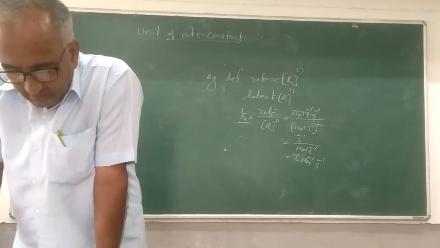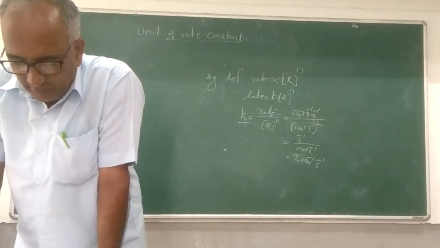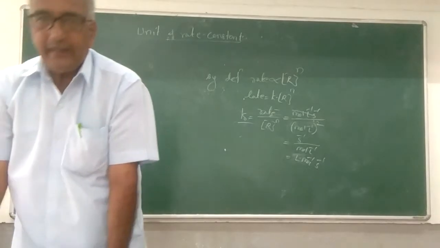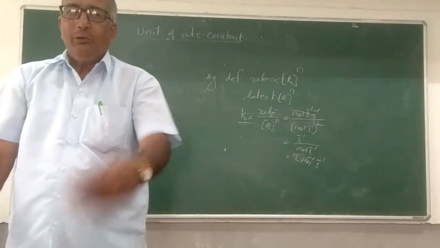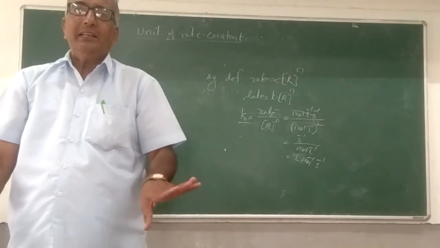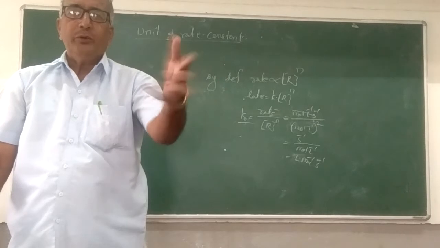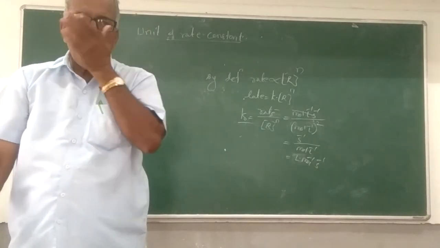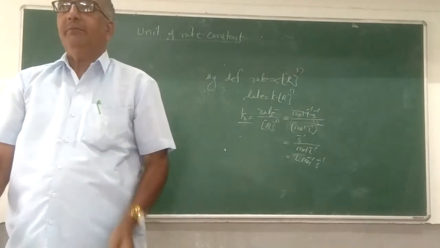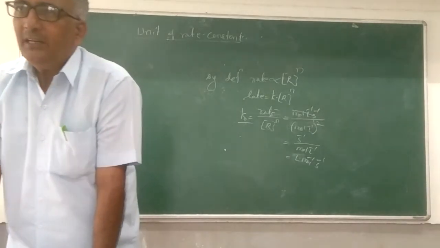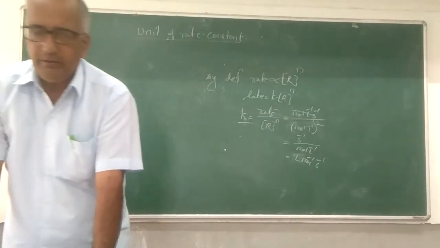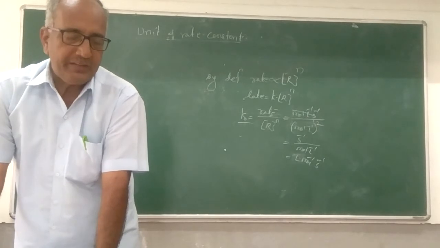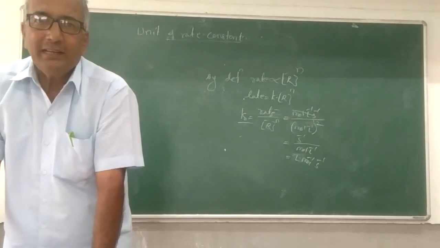Then let us see what is meant by molecularity of the reaction. Molecularity of the reaction can be determined theoretically. By observing the reaction, we can readily say the molecularity. Molecularity of the reaction is defined as the sum of the number of molecules of the various reactants taking part in a chemical reaction.